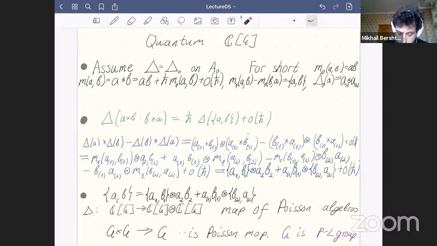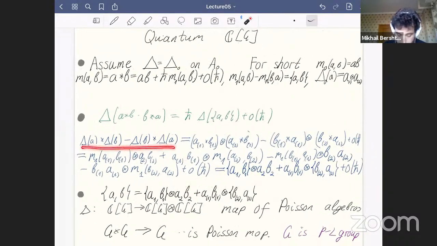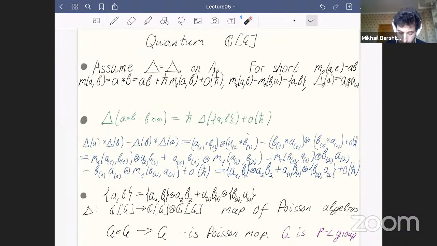Now let's do a longer computation. Delta of AB minus delta of BA. First, I just substitute the definition. Instead of delta of A, I wrote A1 times A2, and instead of delta of B, I wrote B1 times B2, and so on.